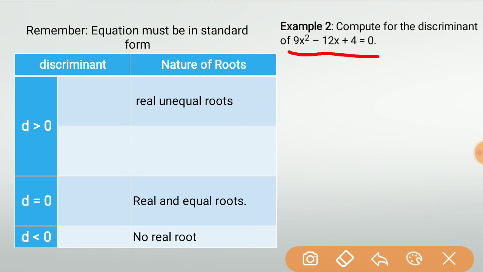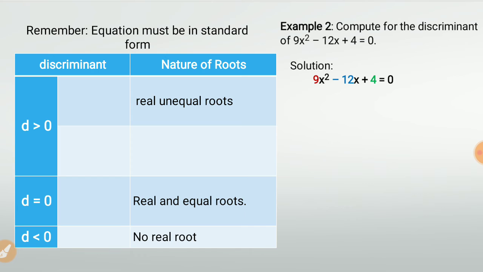All 3 terms are placed on the left hand side of the equation and the right hand side is 0. So this is the proper standard form of a quadratic equation. So no need to make any change, no rearrangement required for this equation. We will take this equation and find the values of a, b, c.